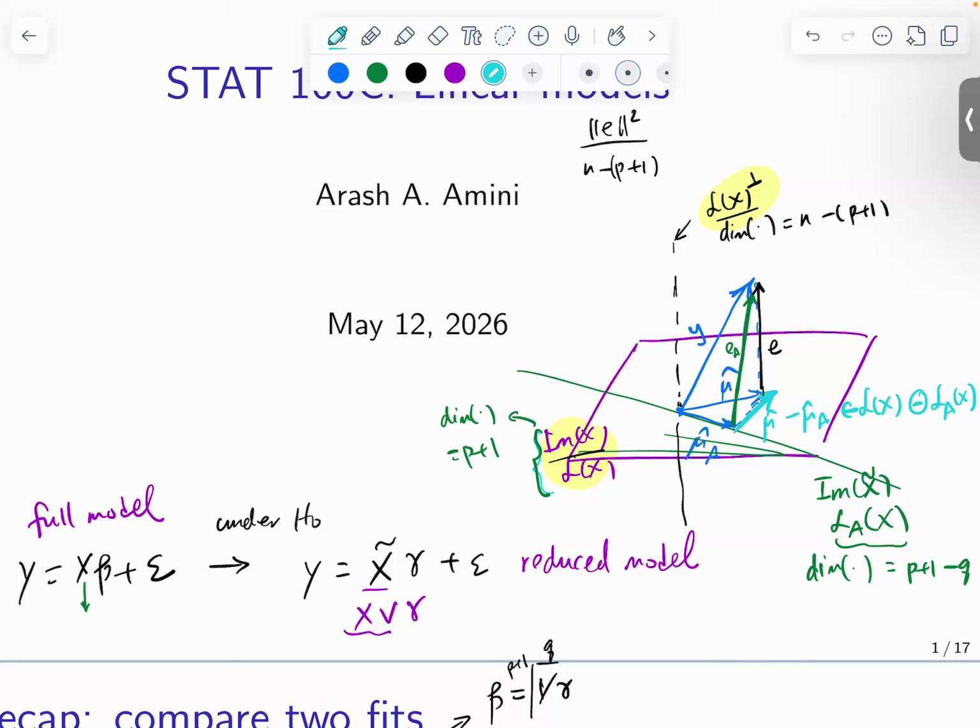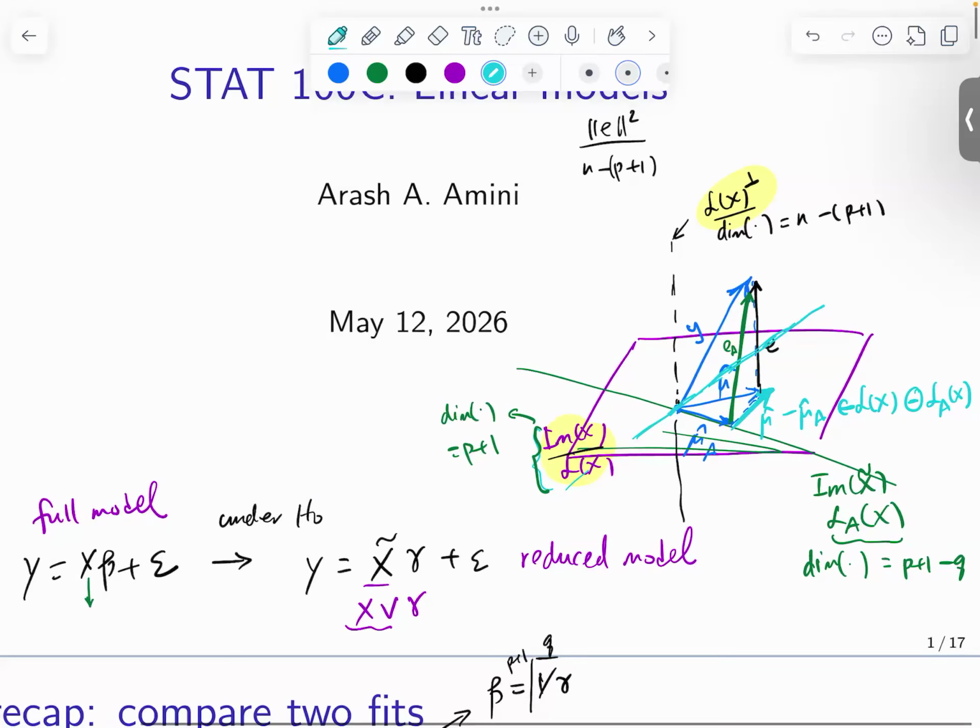So if you imagine we restrict our space to LX, that's a plane. So this line, the LAX, the green line, has an orthogonal complement which would be in this direction. So together they span the full LX. This is LX.